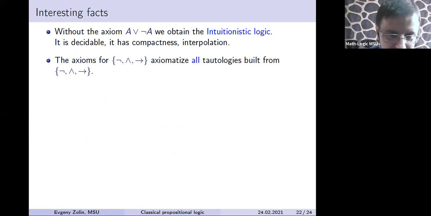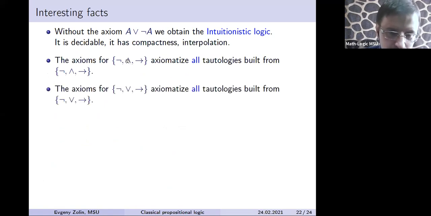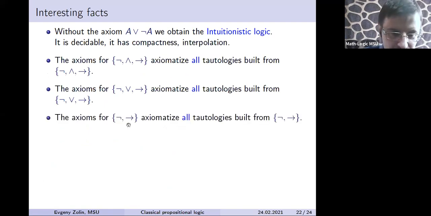If you remove some part about some connective, you obtain again a complete system for the remaining connectives. Similarly, we can remove conjunction and leave only disjunction, and again just take the corresponding axioms. Moreover, we can remove both conjunction and disjunction.